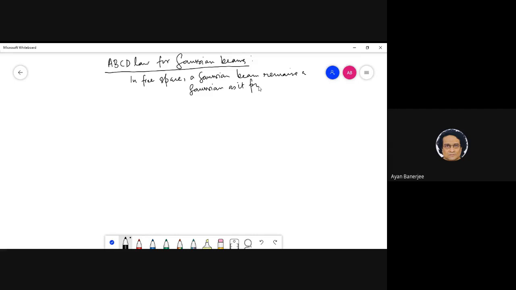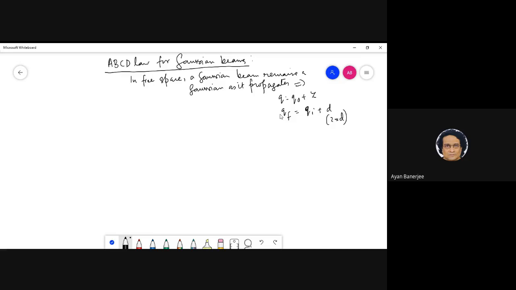You basically have Q equal to Q0 plus Z, and we typically write Q final is some Q initial plus d. So Z is basically d, some distance propagated. That is fine.